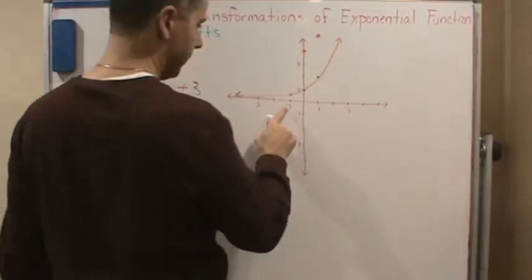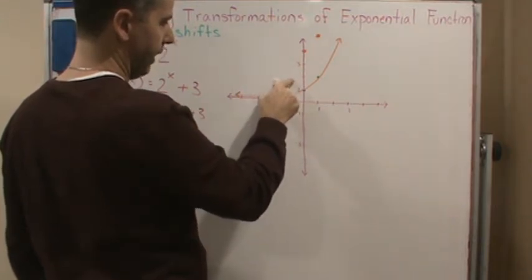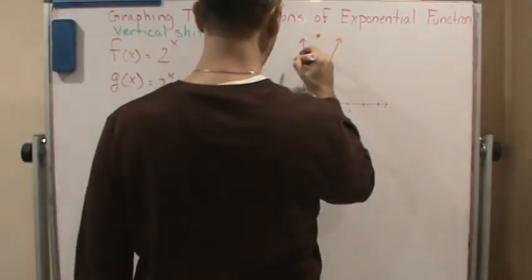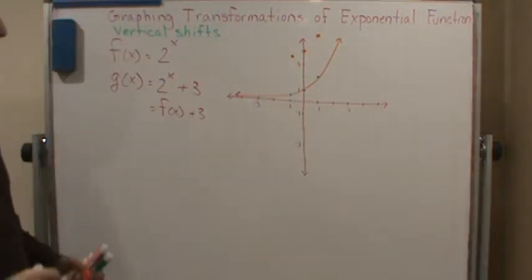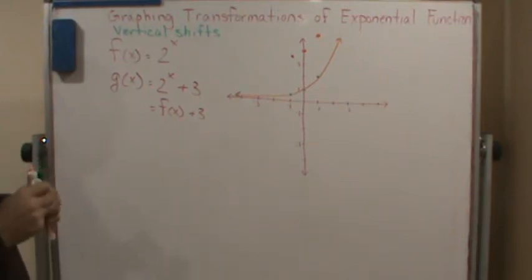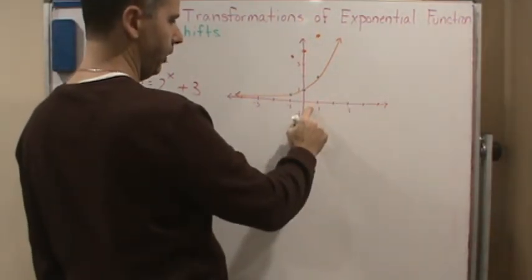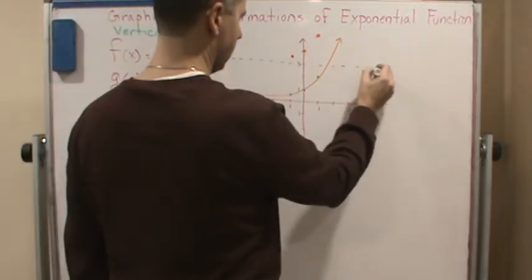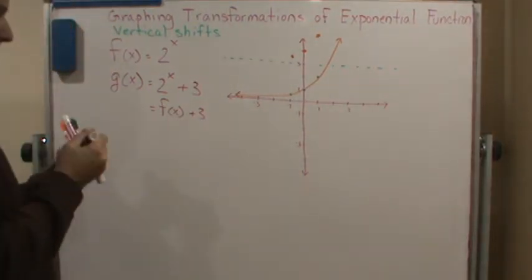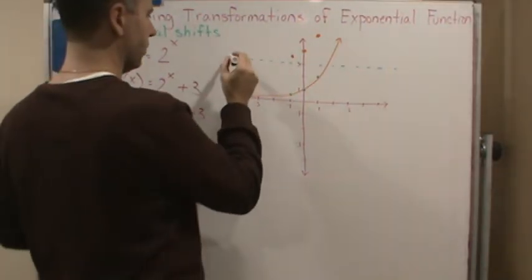And this one, at negative 1, goes from a half to 3.5, so that's going to be right there. Also the asymptote is moving up 3, so it's going to go from y equals 0 to y equals 3. We'll have a horizontal asymptote right there. And now if I graph this, g of x is going to look like this.